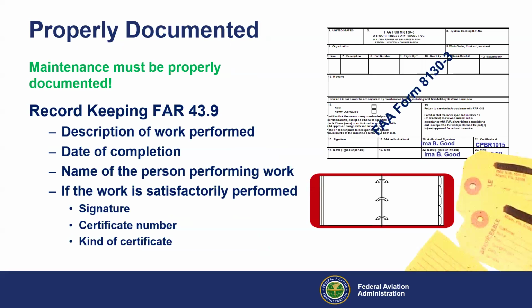Just an example of some of the maintenance documentation. Remember, 43.9 requires those items be in the maintenance record: description of work performed, date of completion, name of the person performing the work, and if the work was satisfactorily performed, the signature, certificate number, and the kind of certificate, whether it's A&P or repair station or air carrier, whatever.